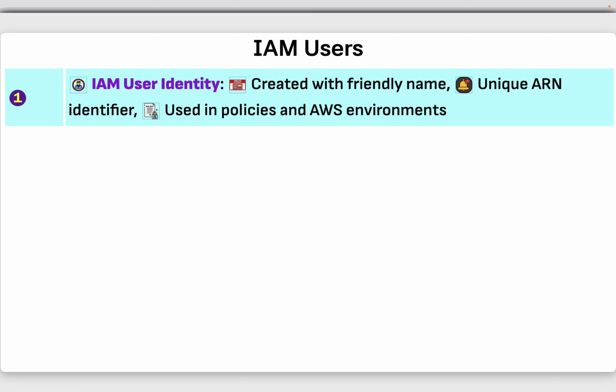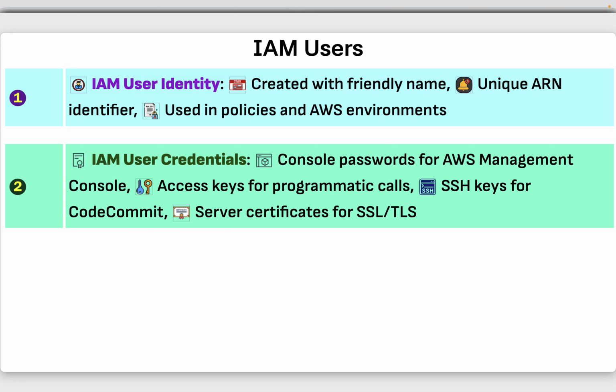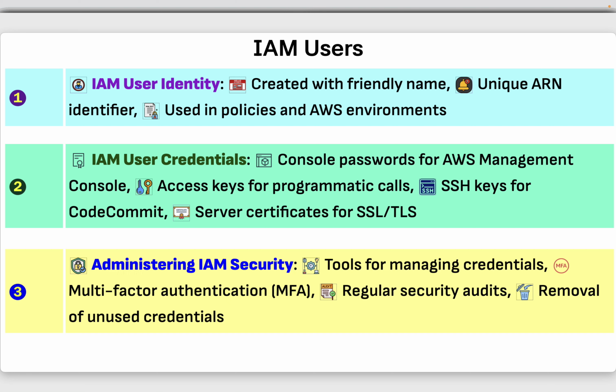These elements help in specifying users within policies or AWS environments. IAM user credentials. IAM users can have various credentials like console passwords for AWS Management Console access, access keys for programmatic calls, SSH keys for CodeCommit, and server certificates for SSL and TLS authentication.